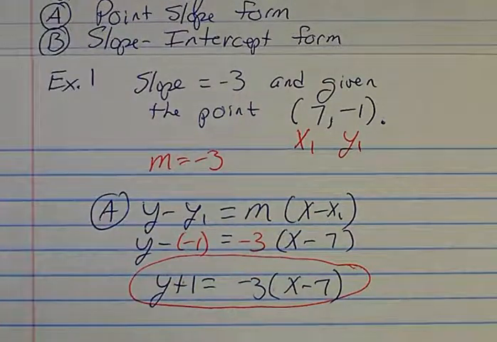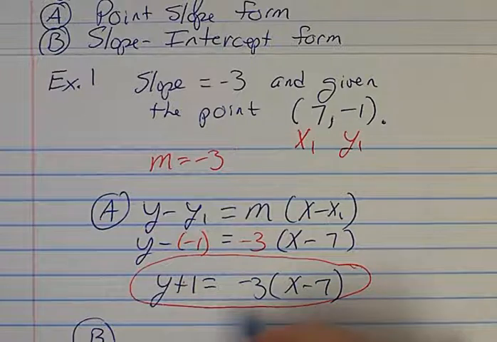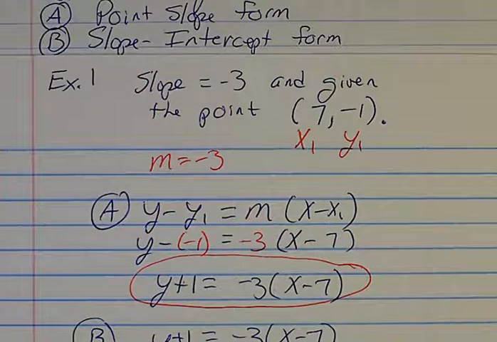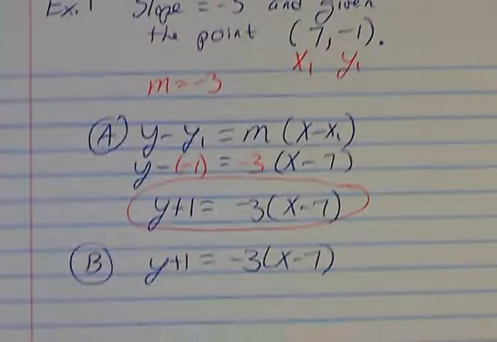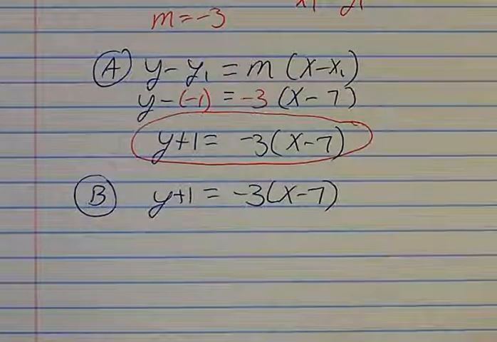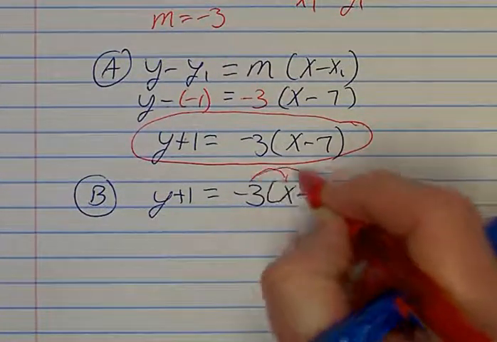Okay, to get to part B, somebody may be saying, well, what about distributive property? I want to do the distributive property. Okay, that's part B. Once we've got part A, for part B we're going to take that same equation and do distributive property with the -3.